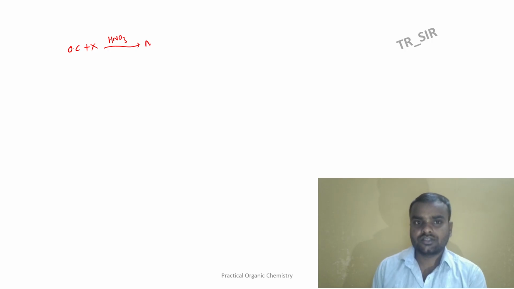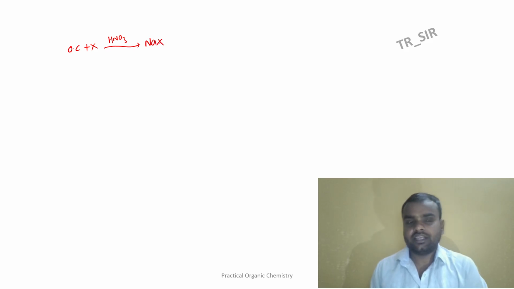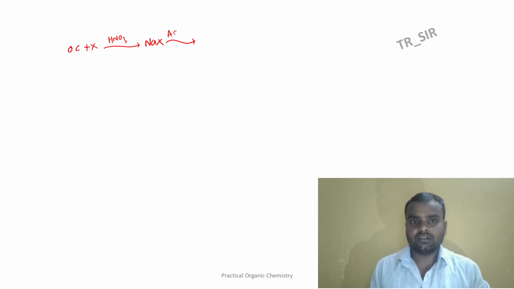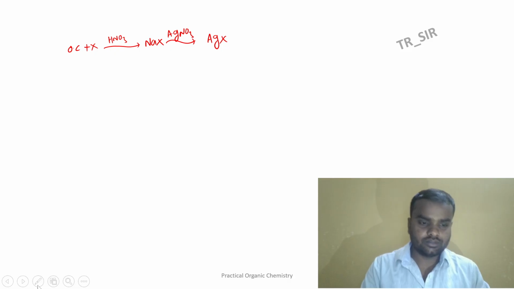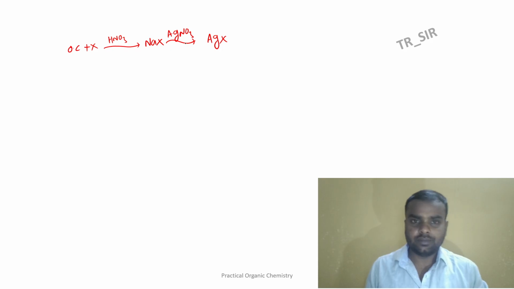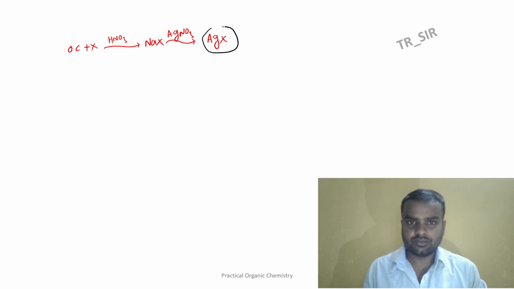We are getting the sodium halide, right? Now this sodium halide we are treating with AgNO3, so silver halide is coming. Now for this silver halide we can see different cases.